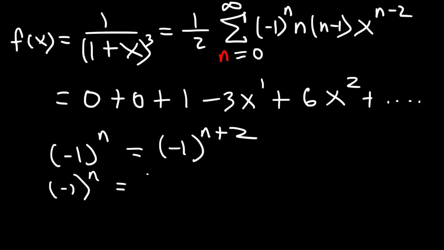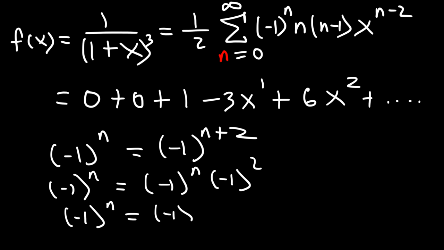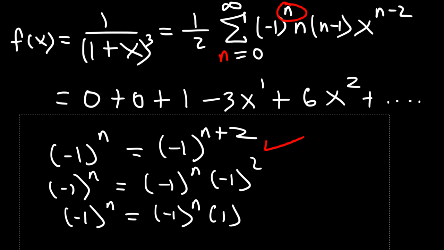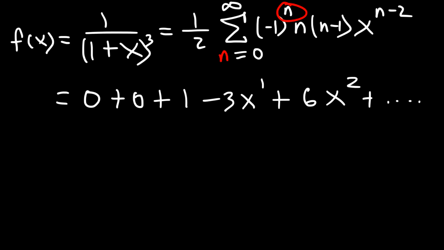Negative 1 to the n plus 2 is negative 1 to the n times negative 1 squared. And negative 1 squared is positive 1. So therefore, these two expressions are the same. So if we add 2 to it, we really don't need to change it. We can just leave that as negative 1 to the n. For everything else, we need to add 2 to every expression that contains an n in it.